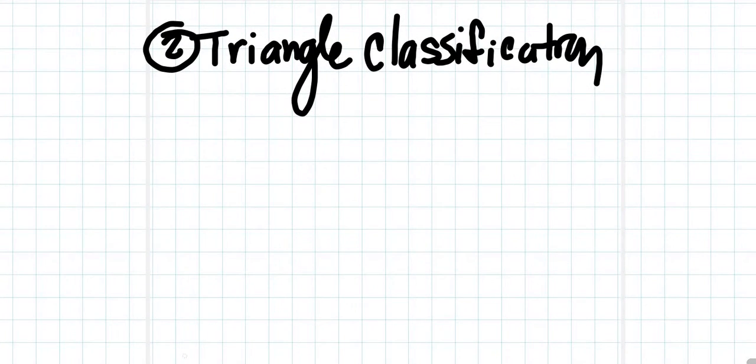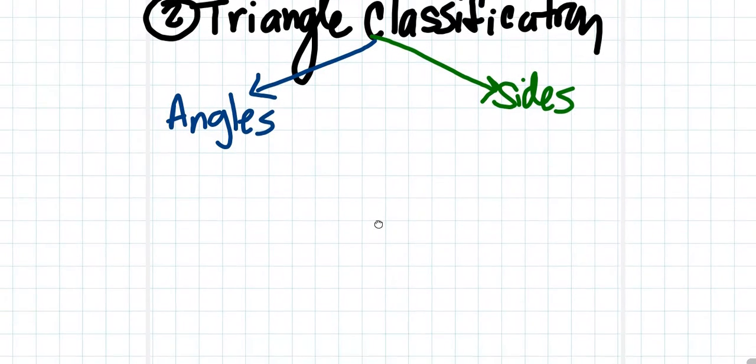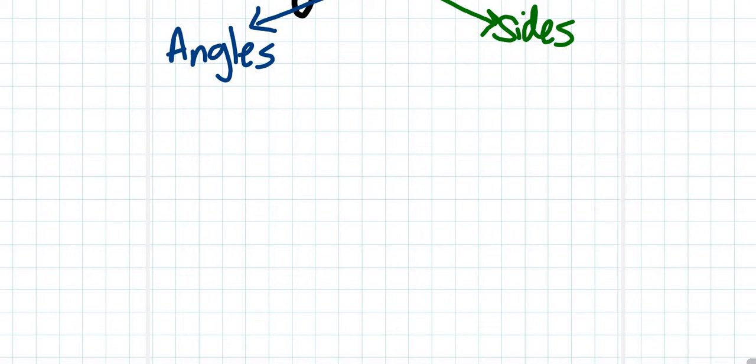You can classify triangles 2 different ways. 1, you can classify them by their angles. And 2, you can classify them by their sides.